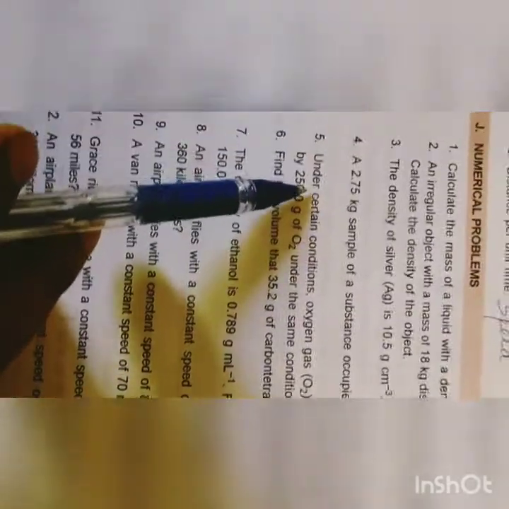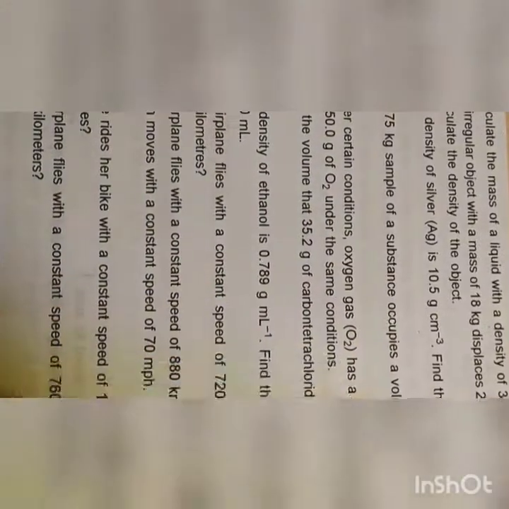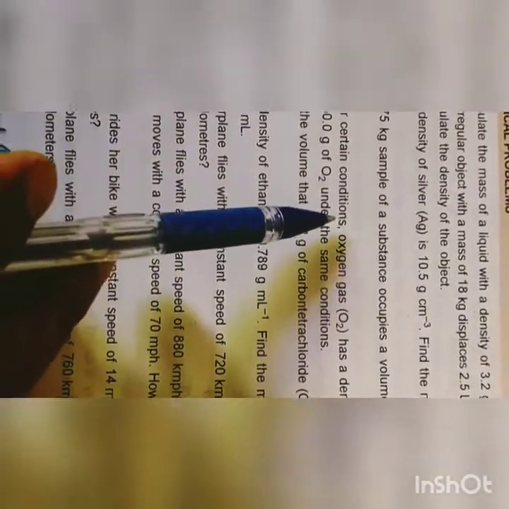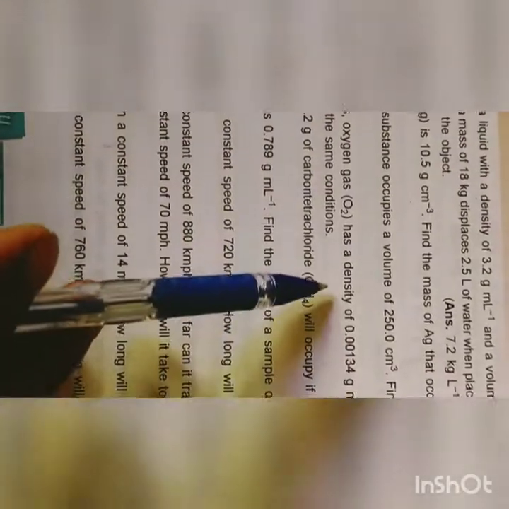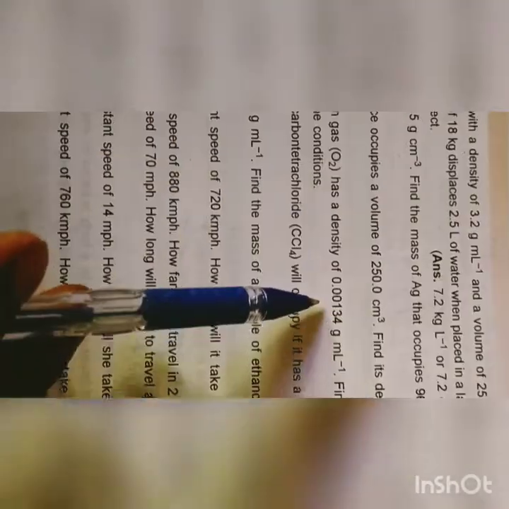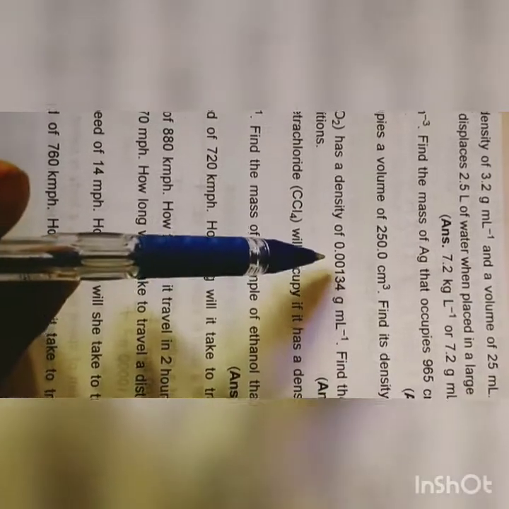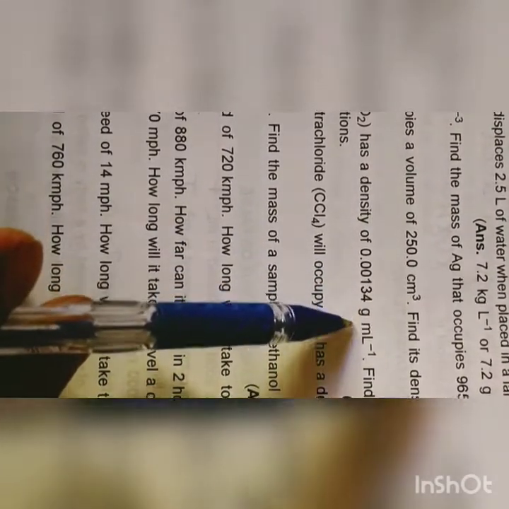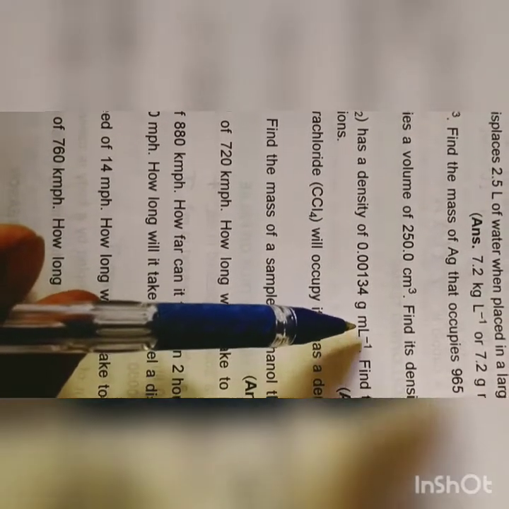So that's why it's written under certain condition. So under a given temperature and pressure, the density of oxygen is 0.00134 grams per milliliter.